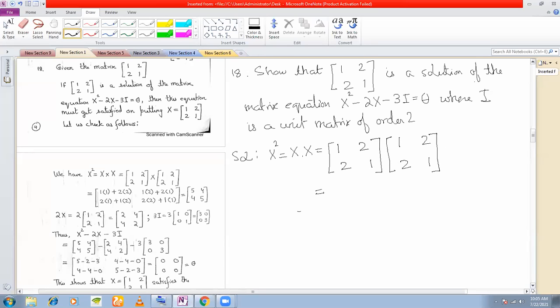Matrix multiplication. Check the multiplication. First row, first column. First row, second column. Next, second row, first column. Second row, second column.